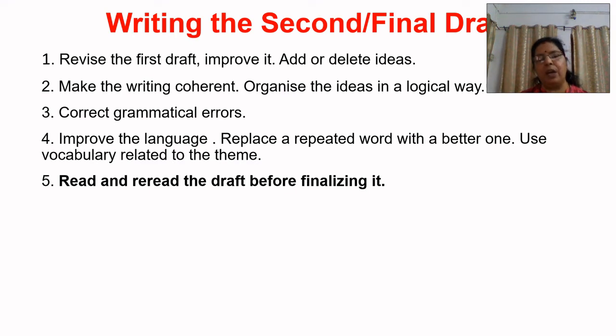Then you drew an outline. That means you decided which ideas will go first and which will be followed by that. And you added some relevant facts and examples to your ideas. Next stage was writing the first draft, where you developed your outline into paragraphs. And there you concentrated only on the content.